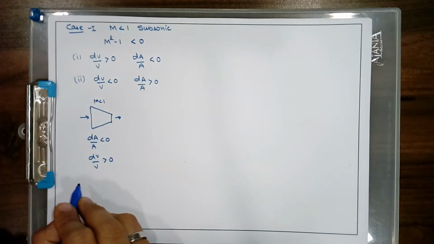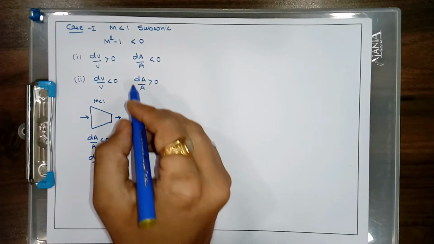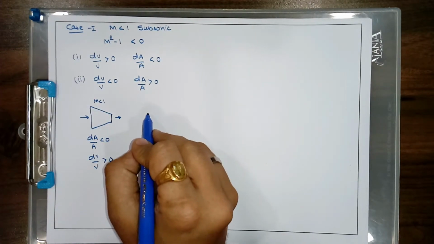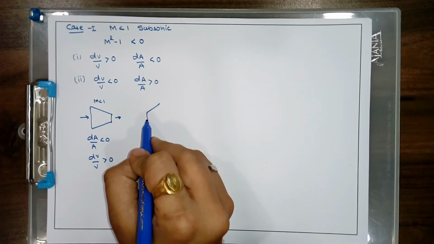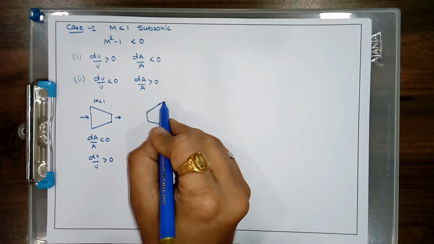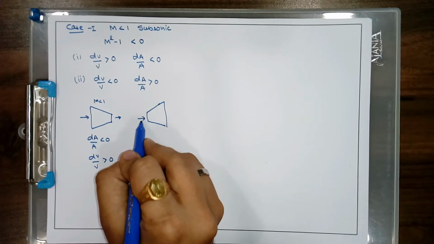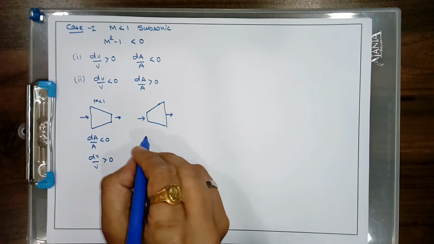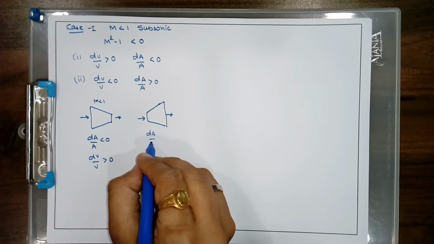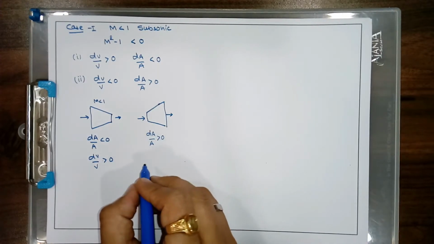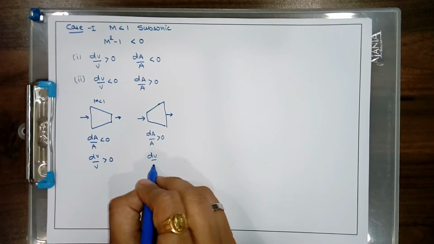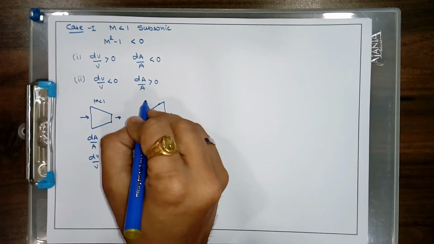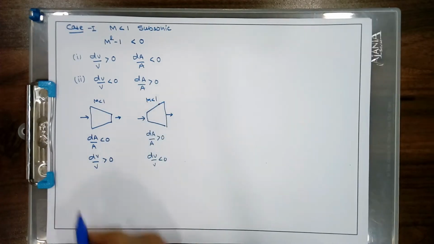It is called a converging nozzle. For the other case, we have this kind of geometry and the flow occurs in this direction. Here dA by A is greater than 0 and dV by V is less than 0 when Mach number is less than 1, and this is called a divergent diffuser.